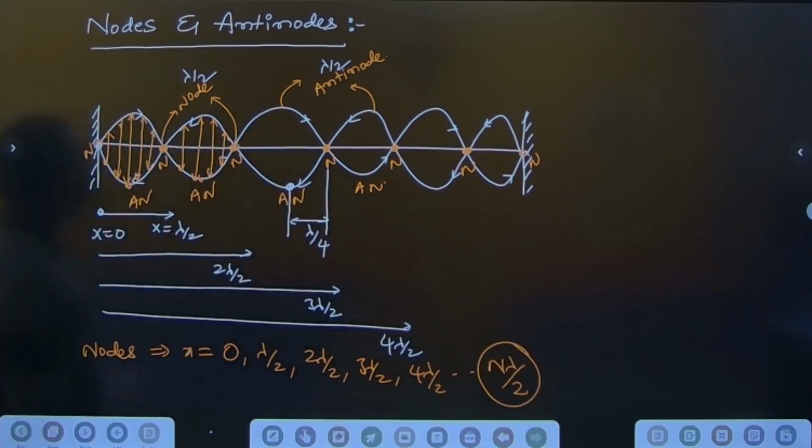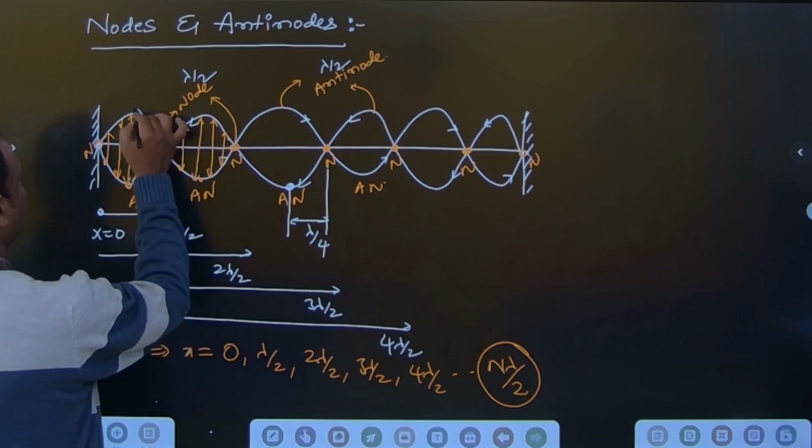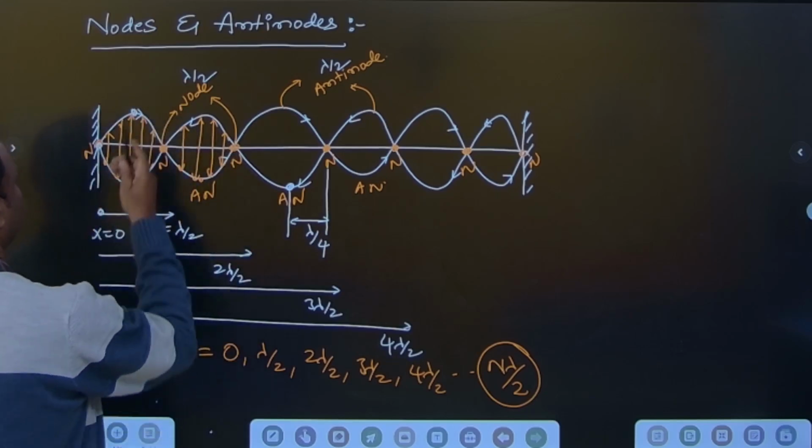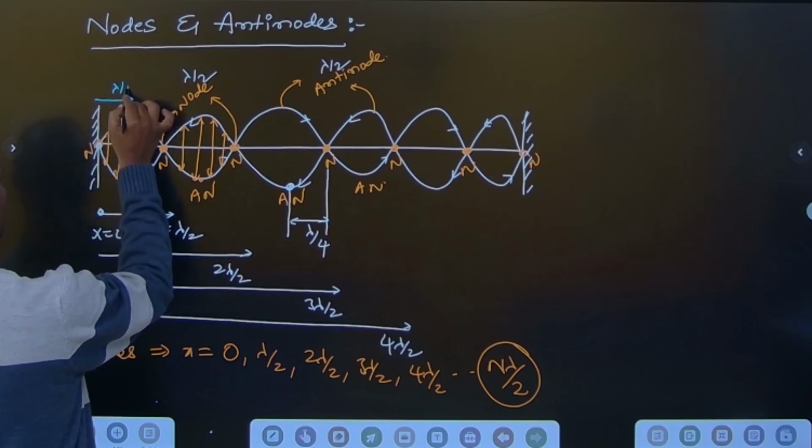For antinodes, if you discuss this length, this is an antinode, a maximum-displacement particle. Its length is lambda by 4.